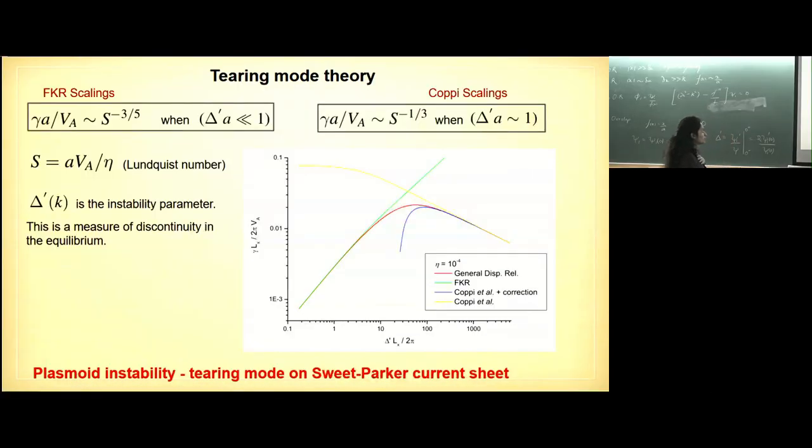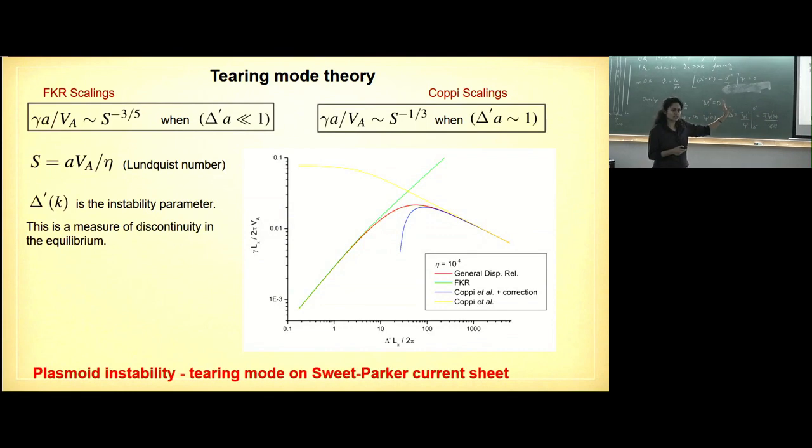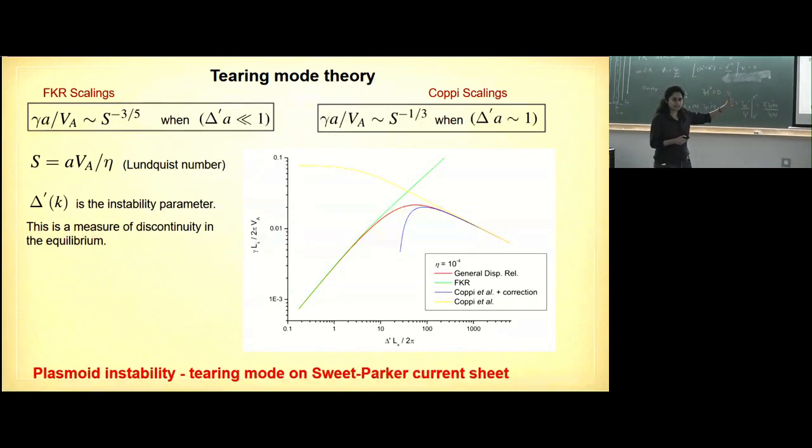But the important point to note is that both the scalings have an exponent which is a negative fraction, which means that it's going to be a slow kind of instability. Delta prime is the instability parameter.